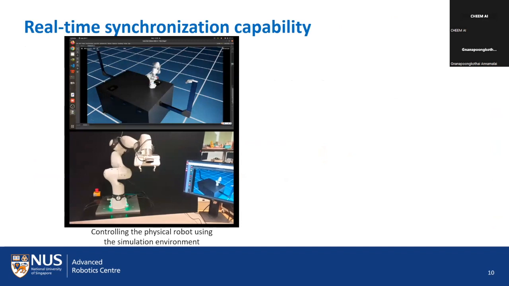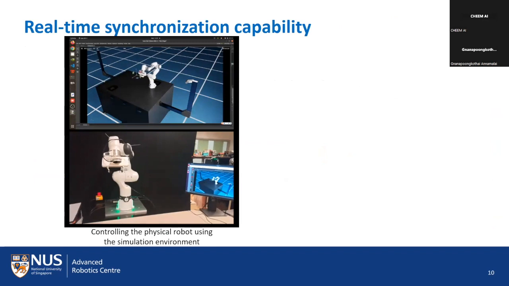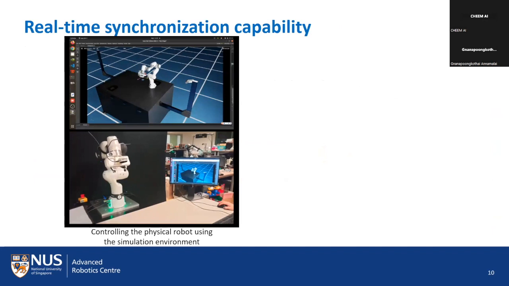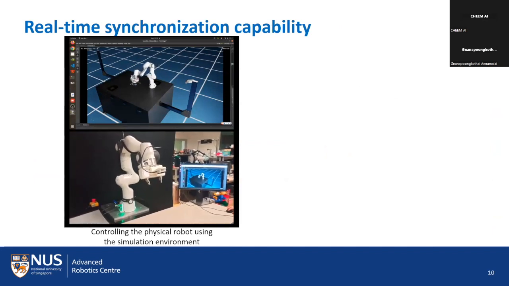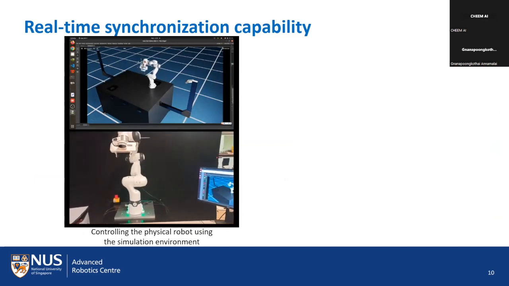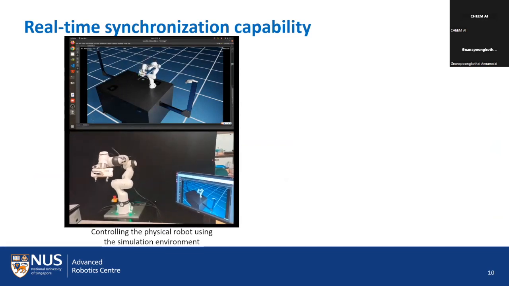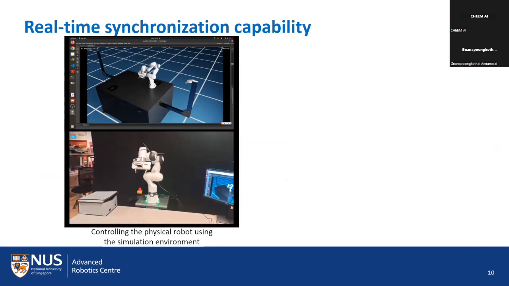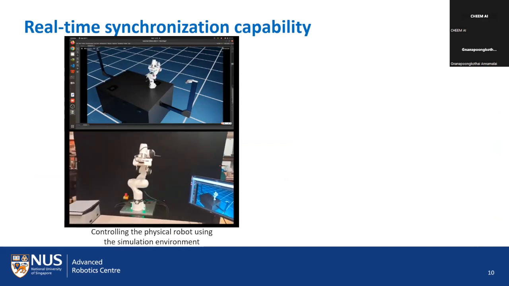On top of Isaac Sim, we utilize another tool called NVIDIA Isaac Cortex. What Isaac Cortex allows us to do is synchronize the motions of the physical and the virtual robot. Isaac Cortex can make decisions on how to move the virtual robot in simulation, and then this motion can be synchronized to the physical robot, such that the physical robot will mimic that same motion in the real world.